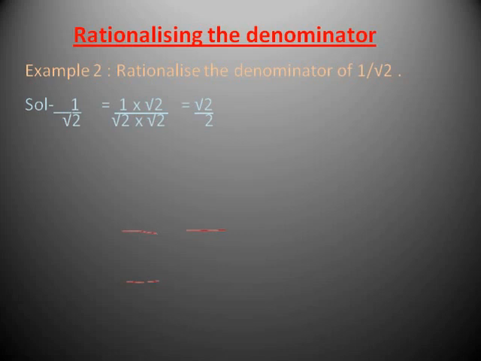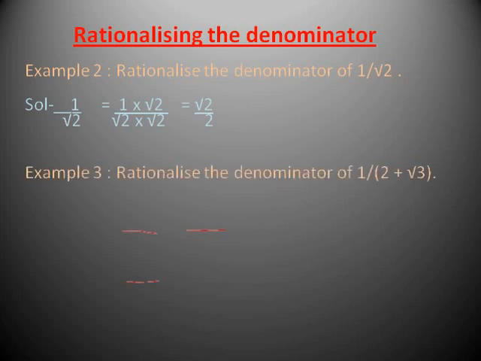Here the irrational number is root 2, so we will multiply numerator and denominator by root 2. So we get root 2 upon 2. So root 2 upon 2 is the equivalent real number, in which the denominator is a rational number. So this is how we can rationalize the denominator if the denominator is a single term irrational.